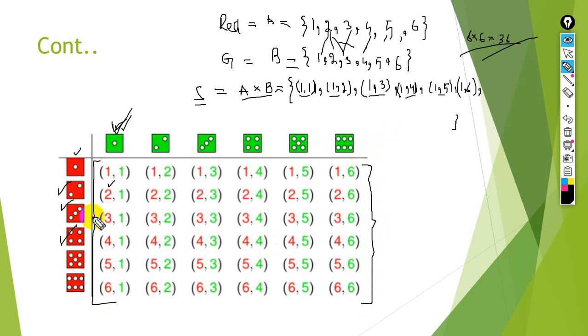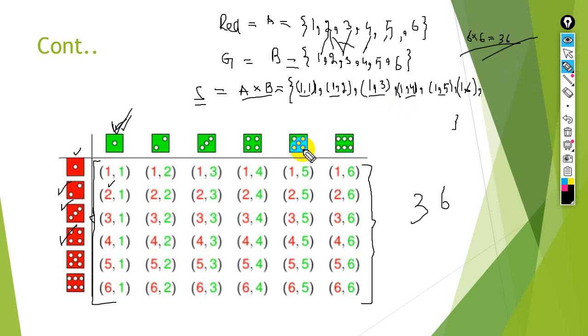So now this set we can say is the sample space, this complete set. And how many outcomes will we have? We will have 36 outcomes. So this was the sample space for rolling two dice one time.